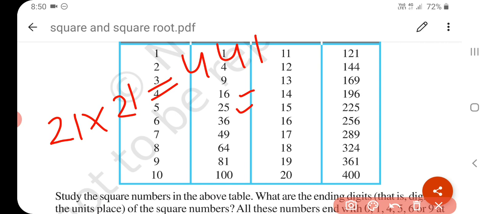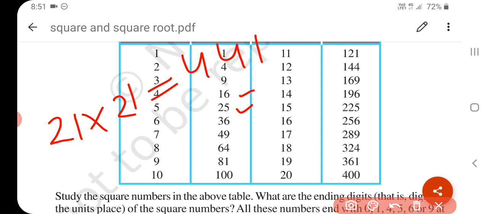See, when a number ends with 1, then its square also ends with 1. Understand? If you are finding the square of any number which ends with 1, then the square also ends with 1. Remember these things, because it is a very important property of square.